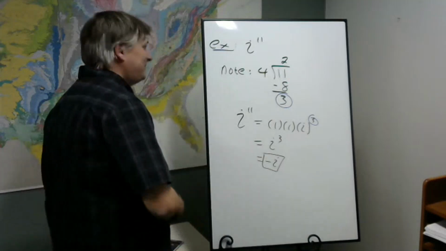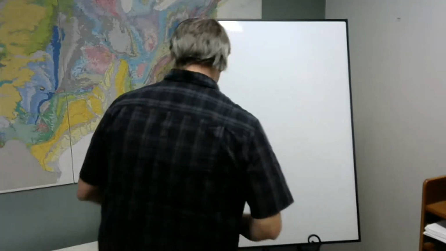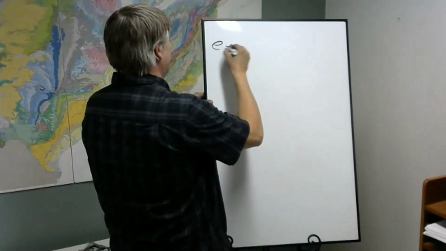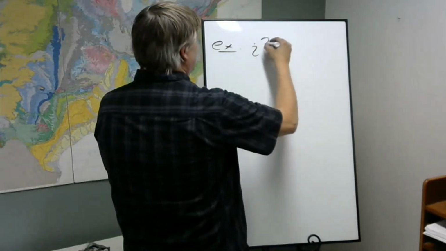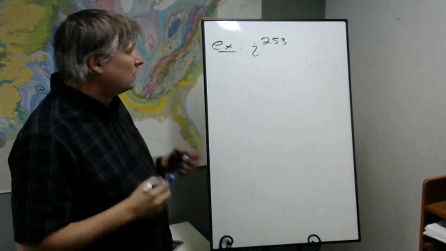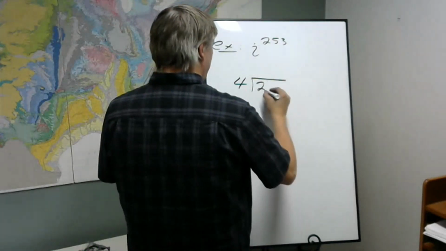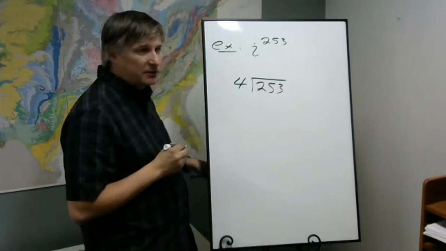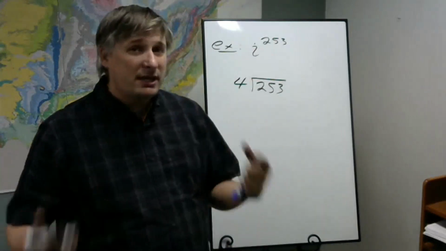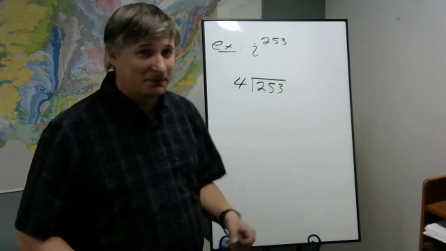We'll do another one. Let's say I to the 253. Well, let's use our trick. The trick is we take 4 and we divide it into the 253 and we look for the remainder. And what's going to happen is I to the 253 will be equal to I with the exponent of the remainder.